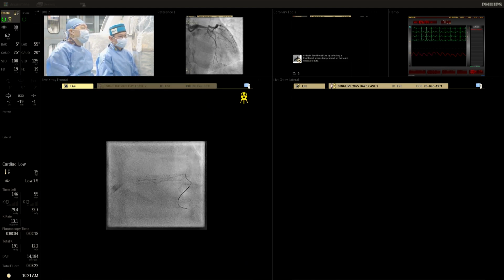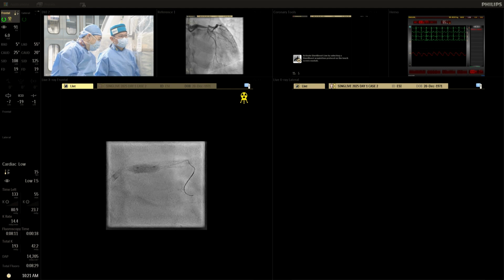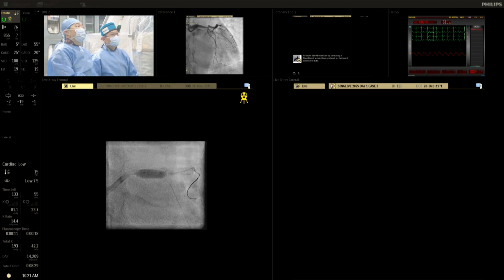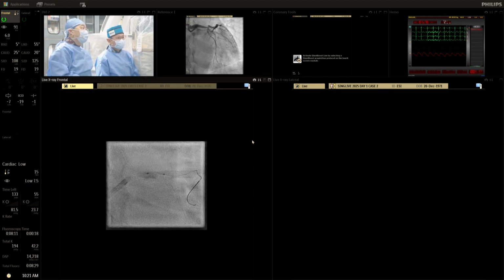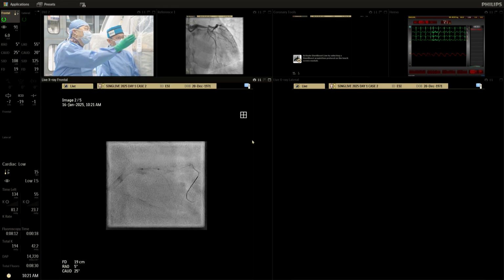Okay. So we have a 4.0 dilated now. Top. Yep. So there is some. How come it doesn't show up there? StentBoost again. Okay, come back.